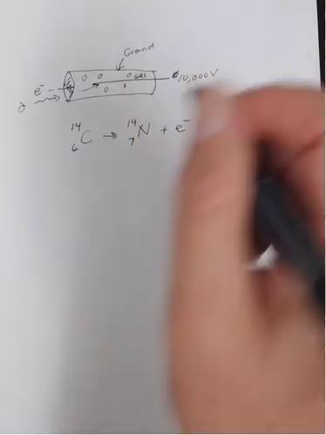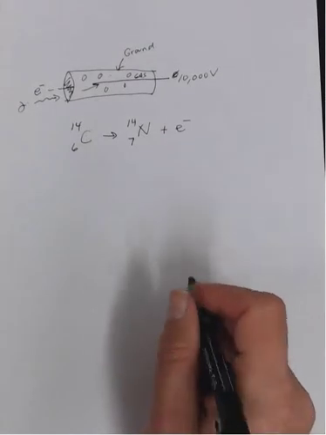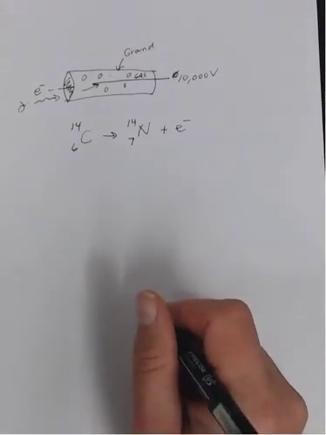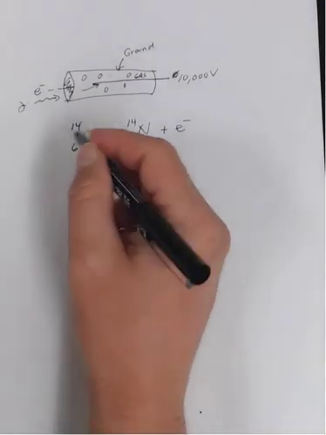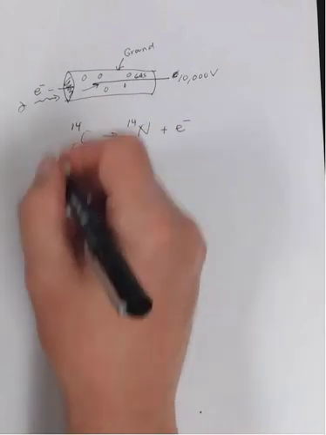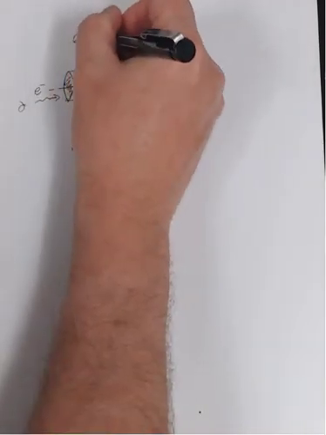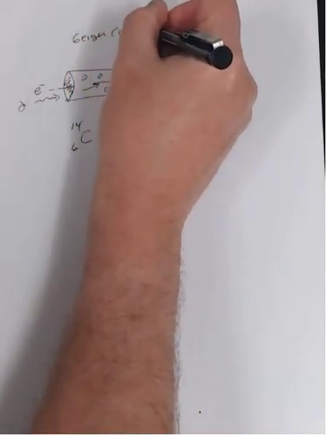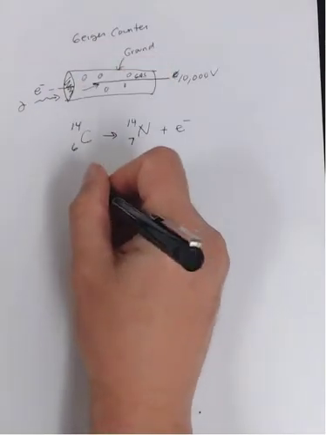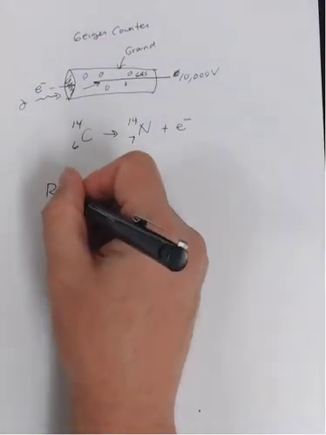In this case, we said this was going to be a beta negative decay. So how do you find the half-life? Well, if you're counting with your Geiger counter, you start counting with an initial rate. So we have this equation.